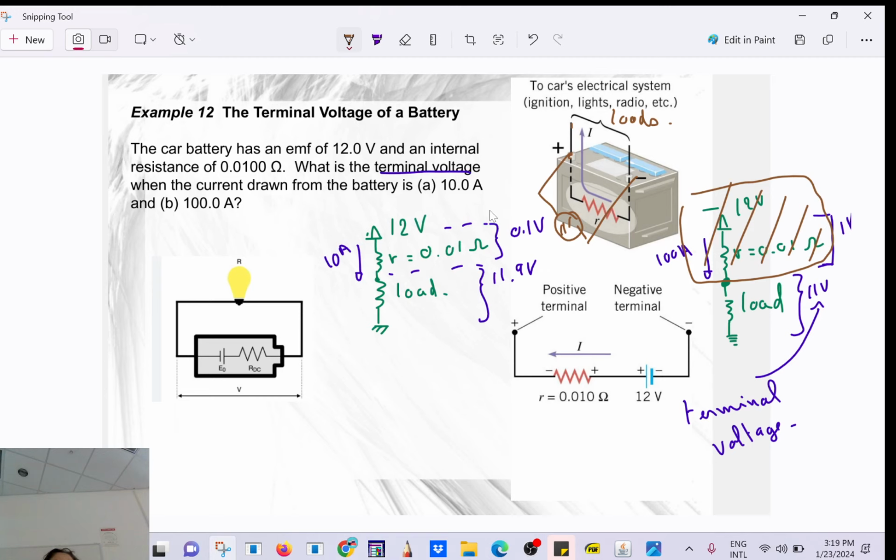But if the loads need 100 amps, because of that resistance here, you have only 11 volt available for the loads connected to your battery. If you disconnect everything, then it's back to 12 volt. Because if there is no current, there is no voltage drop.